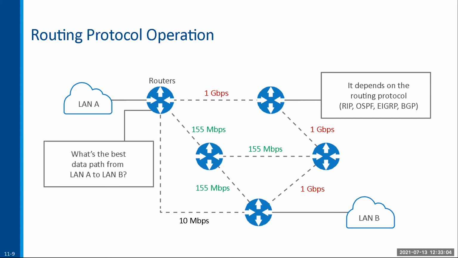But that one has the smallest amount of bandwidth, whereas if you're focusing on bandwidth alone, you're likely to use another path. It depends upon the routing protocol, RIP, OSPF, EIGRP, to answer the question of what is the best data path to get there. And at the end of the day, it is the decision of the administrator of the network. They can override any of these routing protocols by themselves.